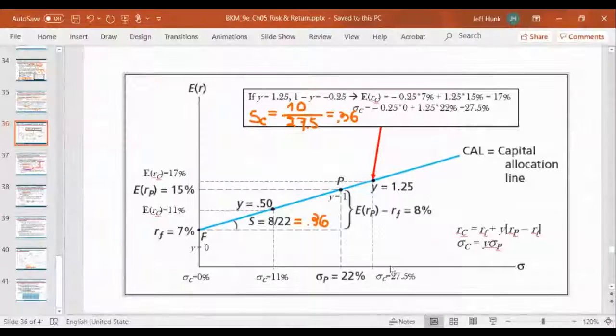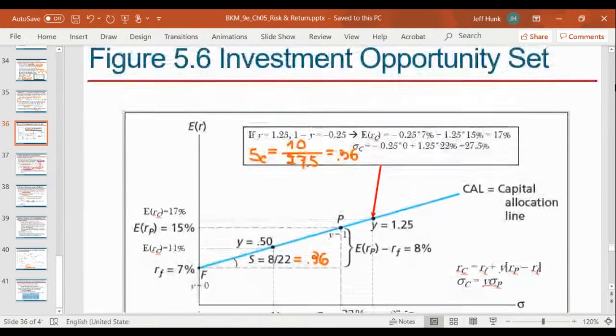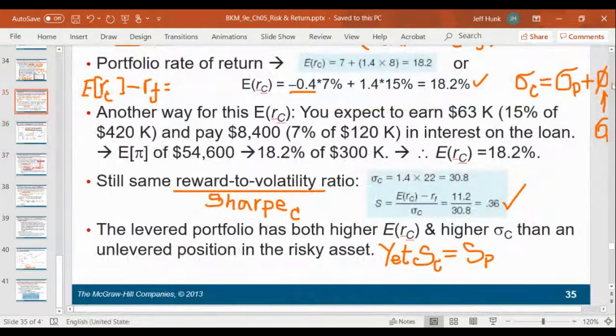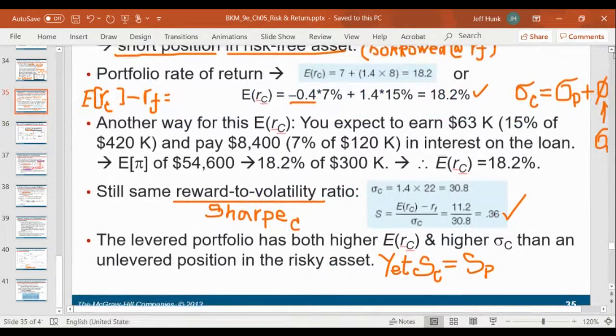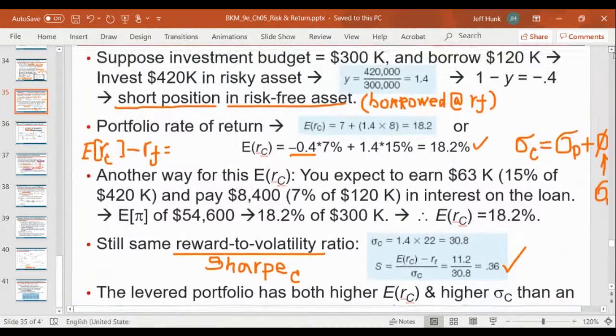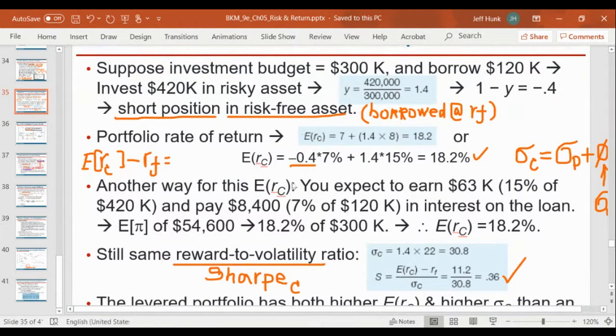In our last class, we took a look at the example of allocating our funds across a risky portfolio and risk-free assets, and calculated the Sharpe ratio.